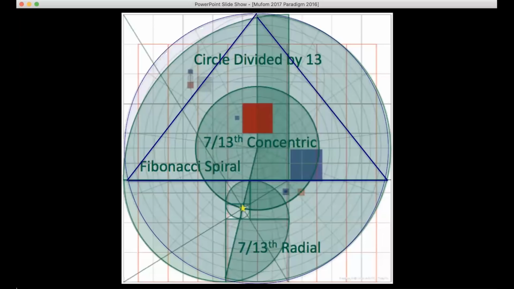But let me go ahead and move ahead from that. That's also showing you that's the 44th square as well. It can be considered either of these two numbers, 21 or 44, for that square that is at the center of the spiral diagonals, as well as the 7/13 concentric and radial points. Is that where you're getting the 13 from? Yeah, because 44 minus 21.